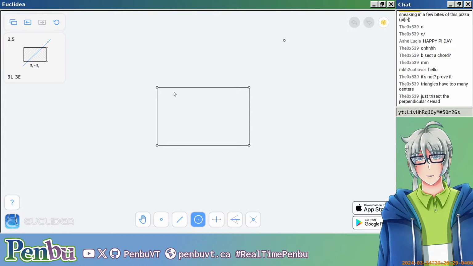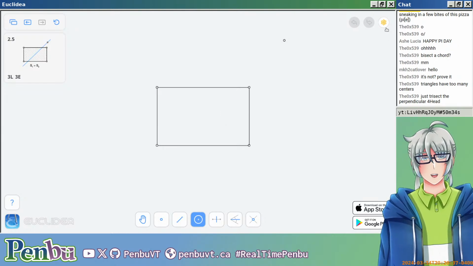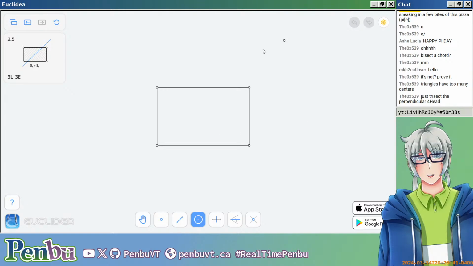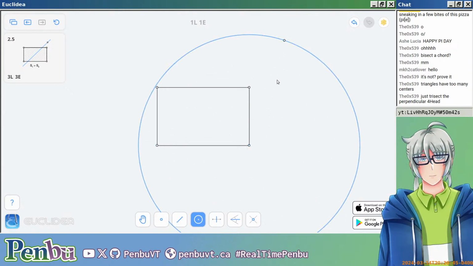Okay. So how do we decide that we have equal areas? That is a good question. We can go into explore mode. This is what we expect to see. We can start with a circle. I don't know what this does.